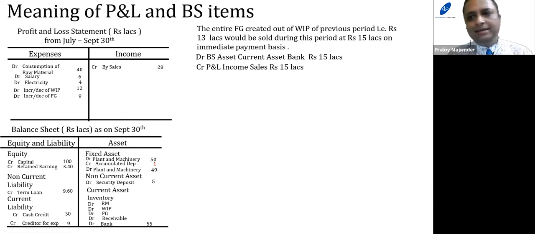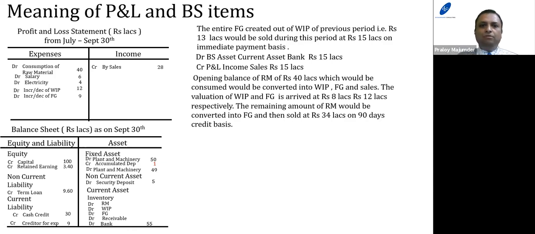Now what is happening? On the sales side, what we have discussed, both credit and cash sales are coming. Whatever the opening balance of raw material which would be consumed would be converted into WIP, finished goods and sales. So whatever the opening 40 lakhs was there, which is consumed, would be converted into WIP, finished goods and sales.